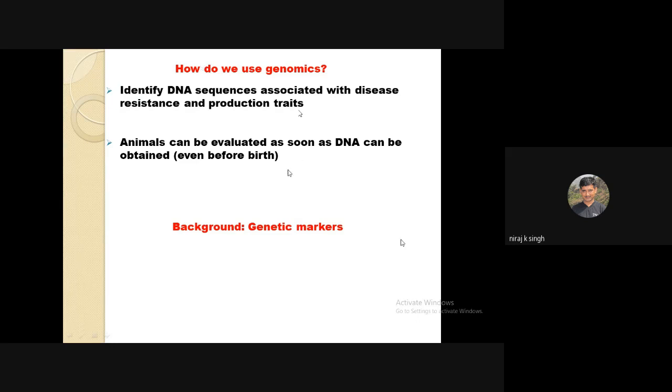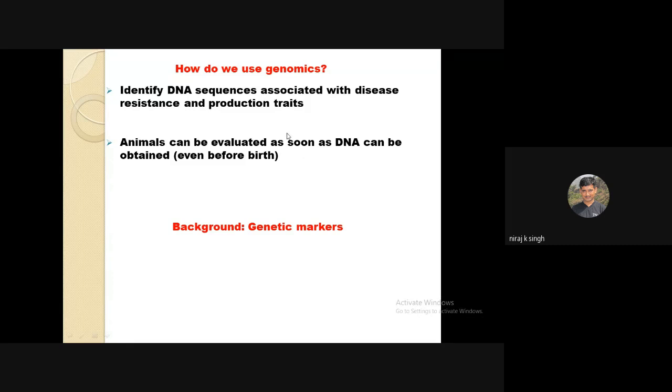And secondly, with the help of genomic knowledge, we can select the animals even before birth. Normally in farm practice, day-to-day selection of animals happens after performance, after milking, after the first calving or second calving, after the first complete lactation and some second complete lactations. Then we can characterize this as a low yielder or a high yielder.